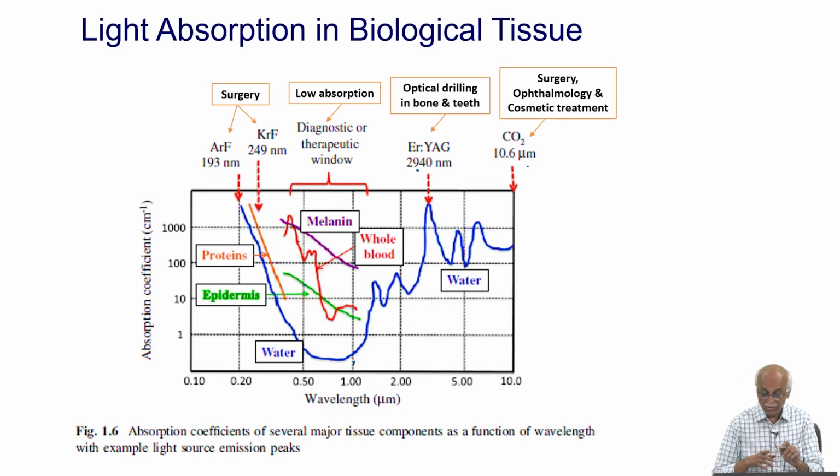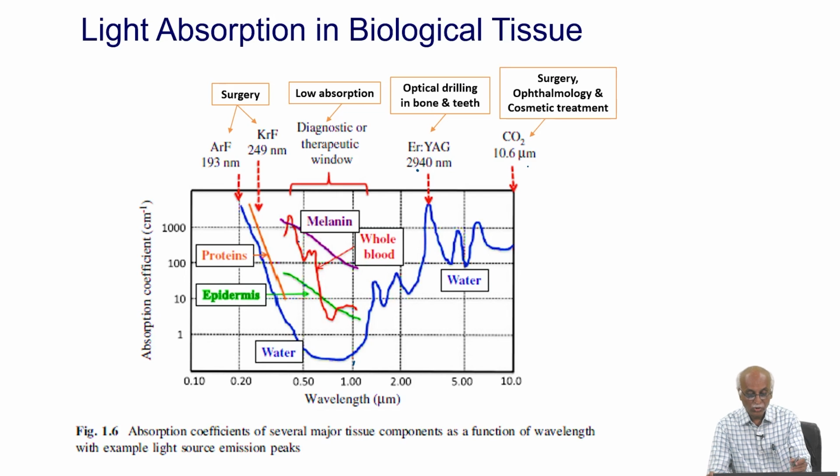Just to give you an idea, when we work with biophotonics and when we work with tissues, what are the constituents which are interacting with the optical sources? That will give us the indication of what type of light source or wavelength range we can use for certain applications.